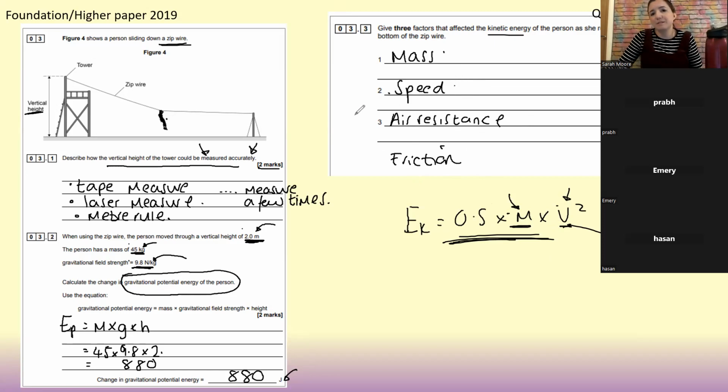I know that speed is affected by air resistance, so I've put it there. I also know that it's affected by friction, and so that's where I've got these 2 from as well. So this part is kind of making links between what we know about kinetic energy and being able to apply it to the question. Let's have a look at the mark scheme for this one.